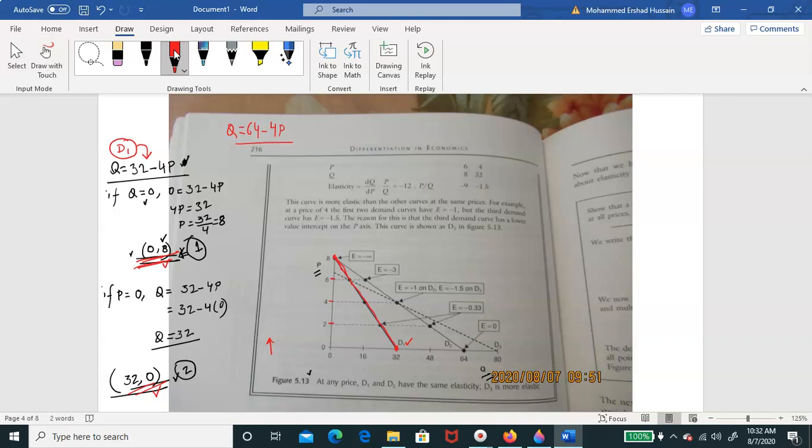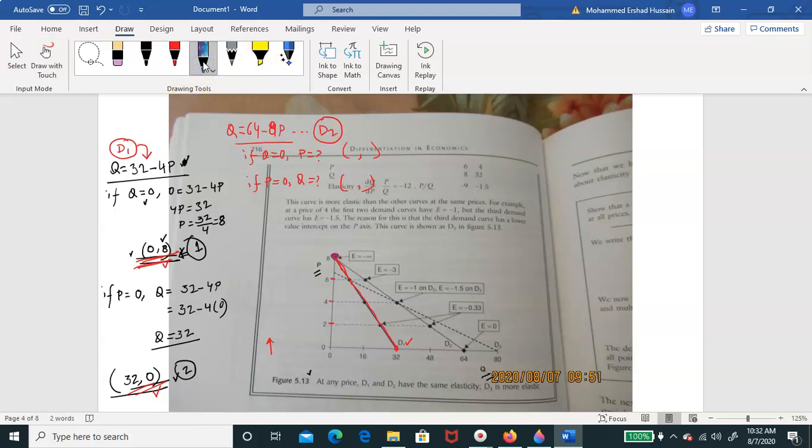So let us see. No, 64 minus 8P. It was 8P. That was the equation for D2. If you plot it in the same way, first let us say Q equal to 0 and then find P. Next, find P equal to 0 and find what is Q. So you'll have one pair here, one pair here, and if you plot it, you will see that D2 will be like this.